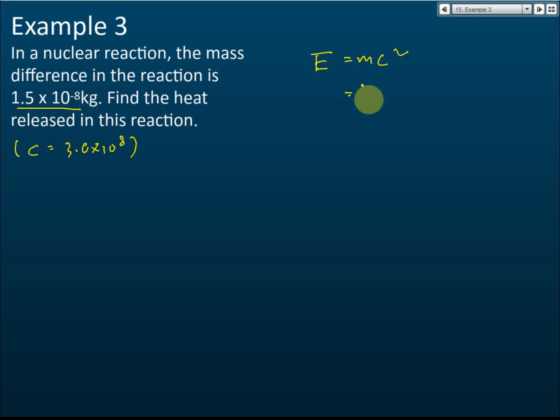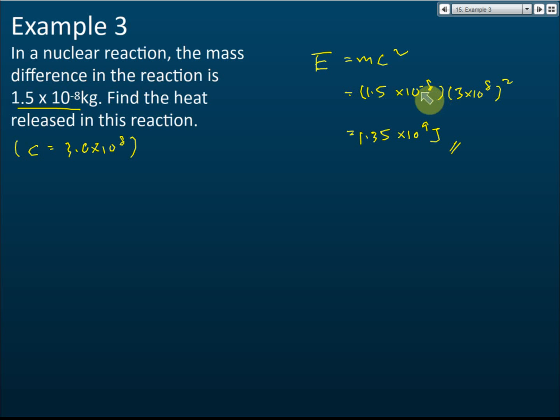So 1.5 times 10 to the power of negative 8 kg multiplied by 3 times 10 to the power of 8 squared, which gives 1.35 times 10 to the power of 9 joules. So you can see that this is 1.35 billion joules, just with a small amount of mass defect.